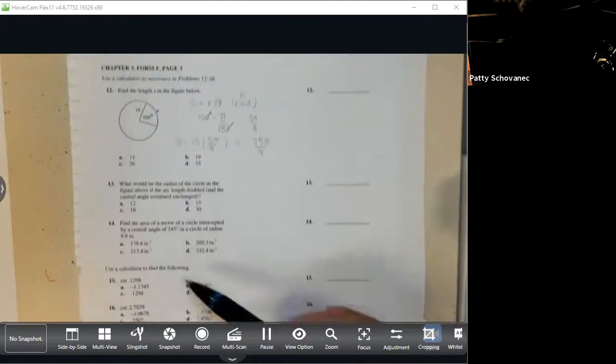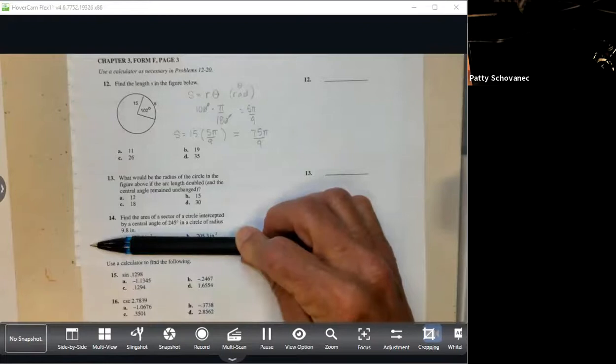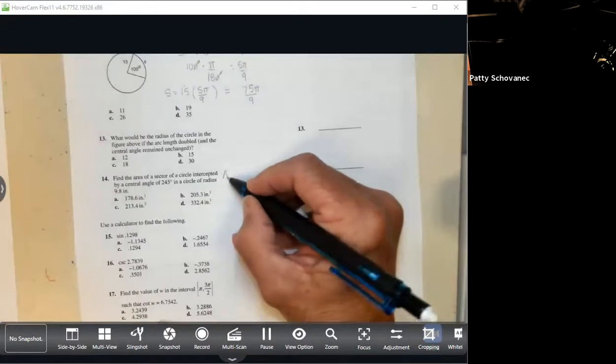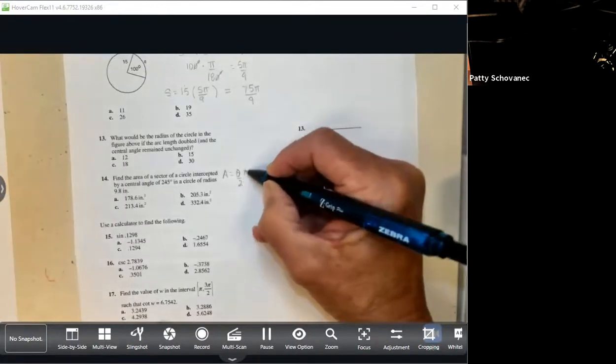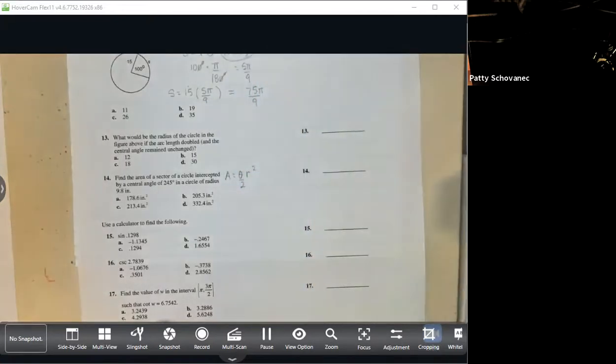All right, number 14. Do you know how to find the area of a circle given the central angle and the radius? What's the formula for the area of a sector? Theta divided by 2 times r squared. Again, theta has to be in radians.